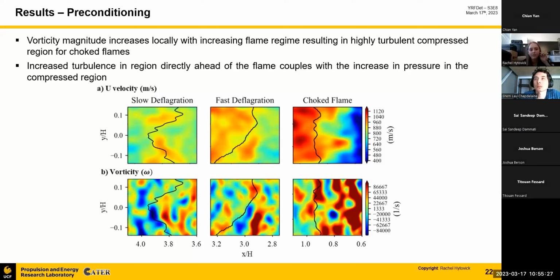For the slow and fast deflagrations, it shows to be pretty isotropic. We see pretty even U prime and V prime. I'm not sure for the choked flame, just because we were so close to DDT, if it would be perfect. But the facility is designed to experience isotropic turbulence. So overall, in the reactants, we would have had pretty steady U prime and V prime.